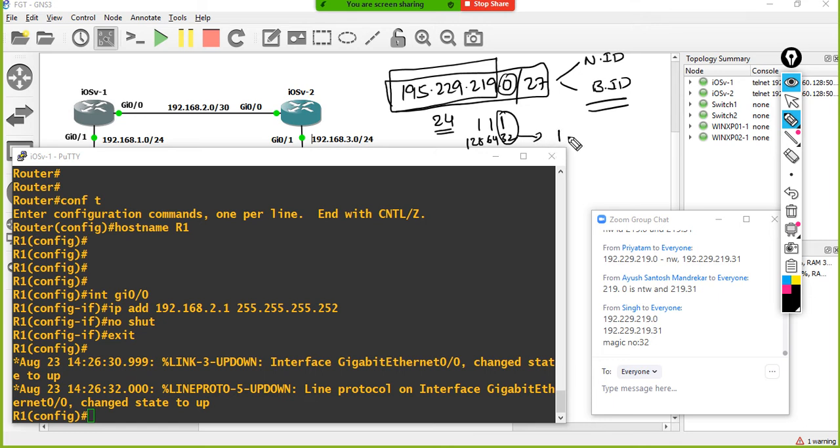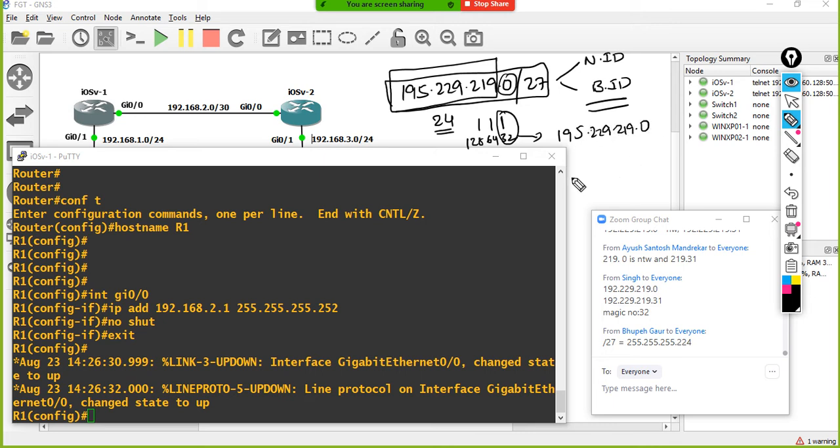So the network is 195.229.219.0 for the first subnet. The second subnet will start with the magic number, 195.229.219.32. Is it clear, everybody?